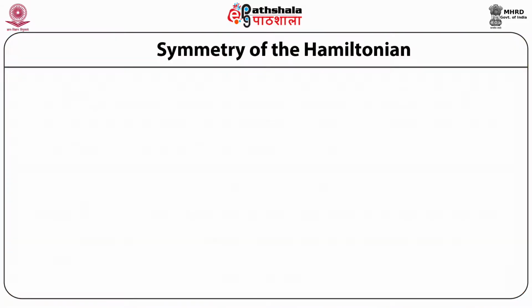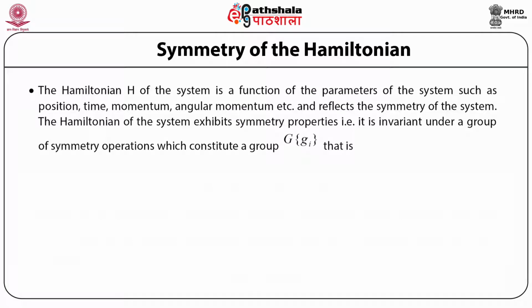We discuss now the symmetries of the Hamiltonian. The Hamiltonian H of the system is a function of the parameters of the system, such as position, time, momentum, angular momentum, etc. And H reflects the symmetry of the system. The Hamiltonian of the system exhibits symmetry properties.